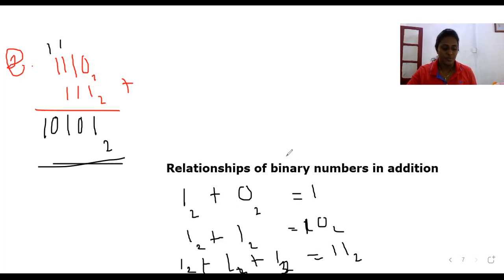Then let's move to subtracting binary numbers. Before you are watching the subtracting part, please complete exercise 2.3. Okay, students, hope you have successfully completed exercise 2.3.